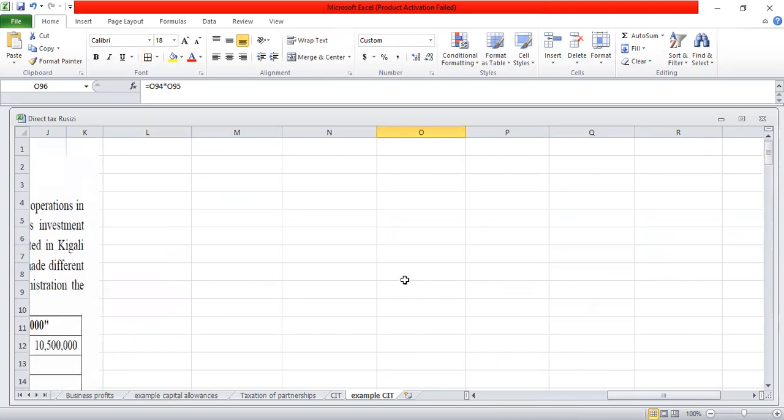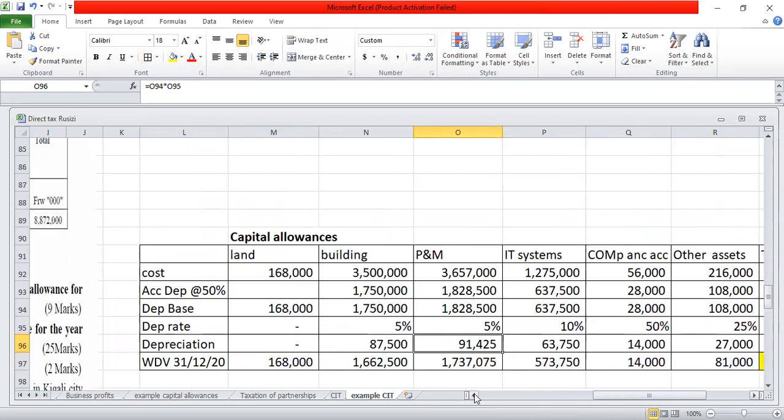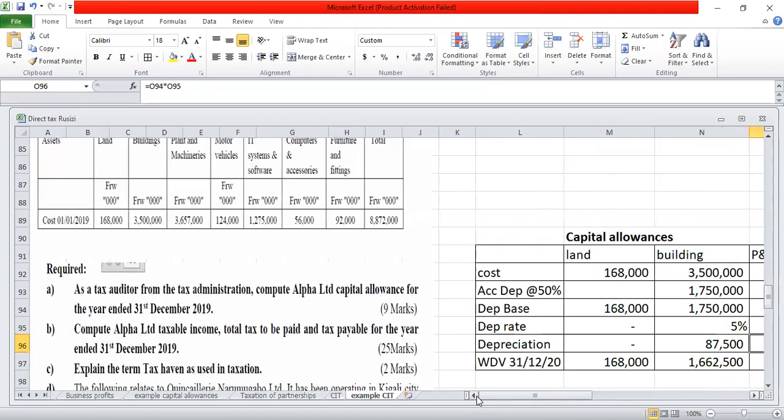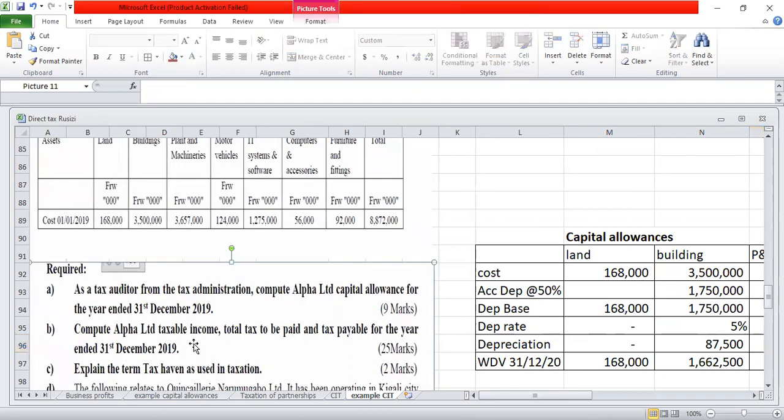Now the second part of the question requires to compute the taxable income, tax to be paid, and the tax payable for the year ended this.